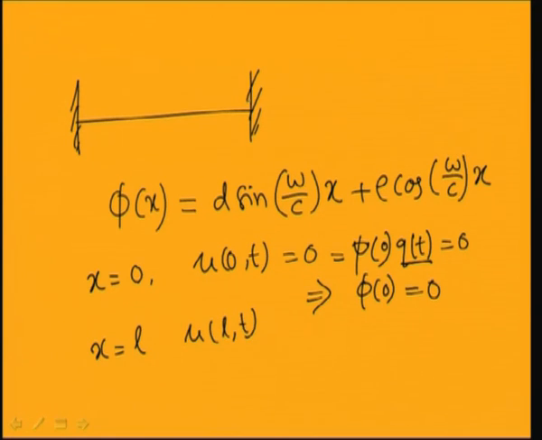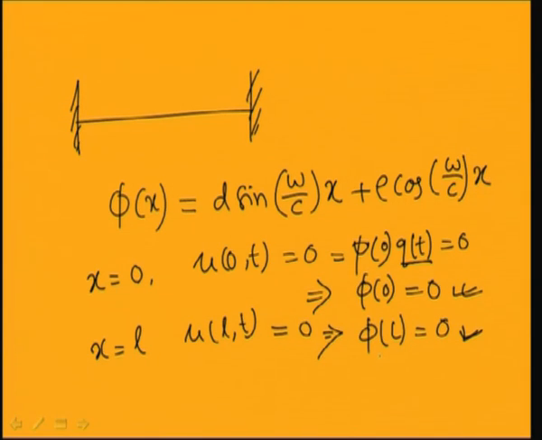As it is fixed here, the displacement will be equal to 0. So u L t equal to 0, and similarly this implies that phi L will be equal to 0. By taking these two boundary conditions, that is phi 0 equal to 0 and phi L equal to 0, now we can determine the values of D and E, and also we will obtain the frequency relation from this.